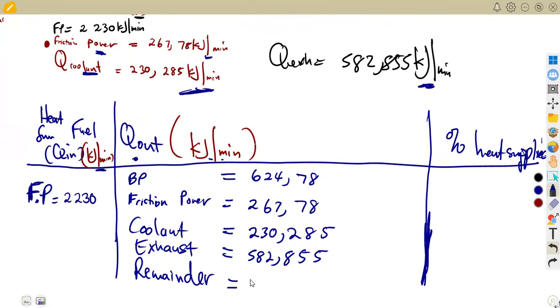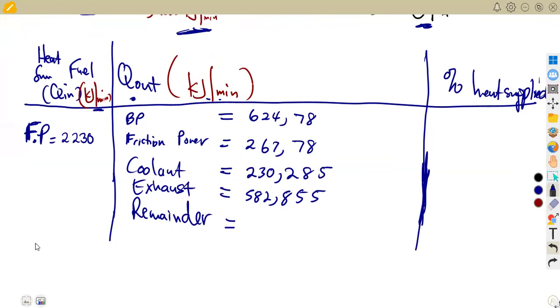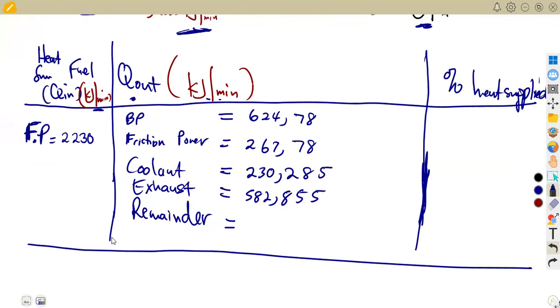So this is by difference. So what you do is that you take your fuel power, because your fuel power is the total. All right. So you're going to take this total from our fuel power. Very sorry for this, guys. All right. Let's just hope it's going to be clear.